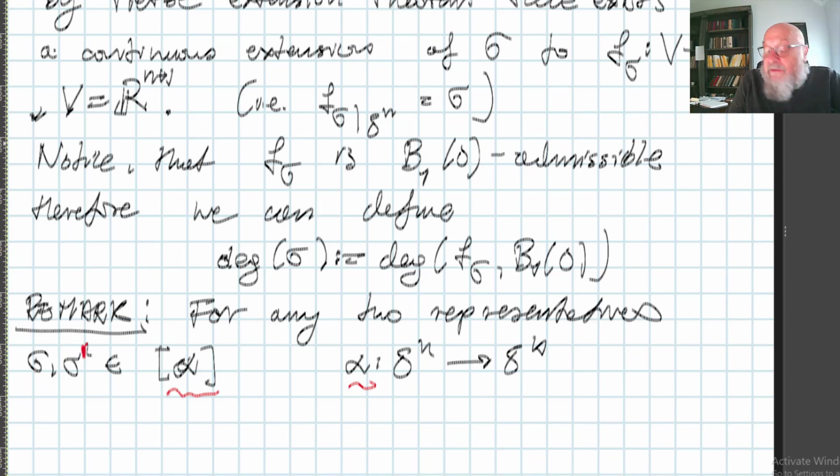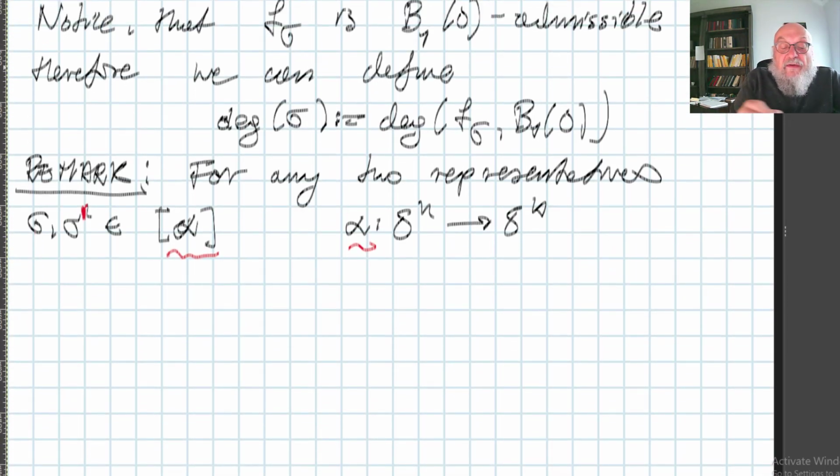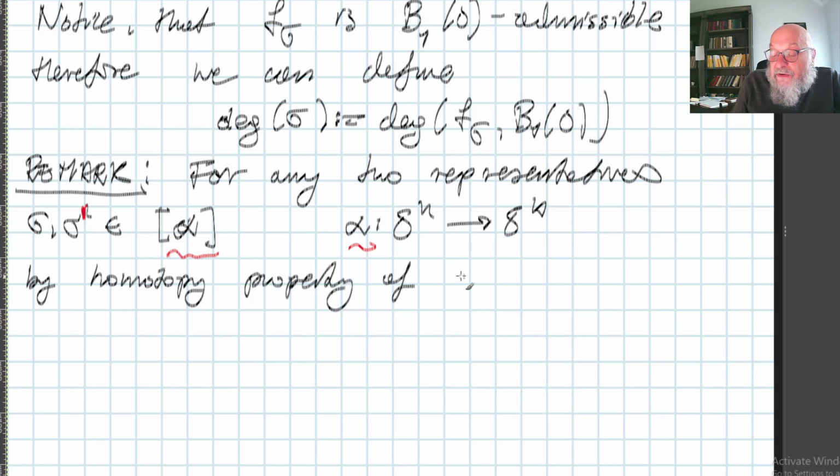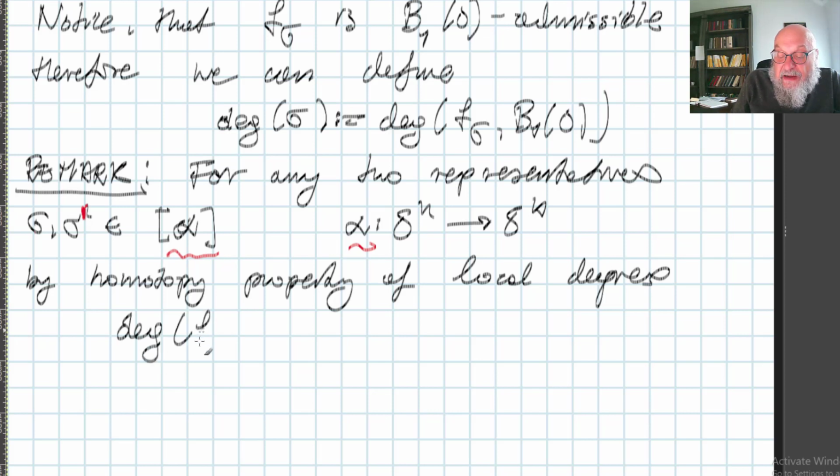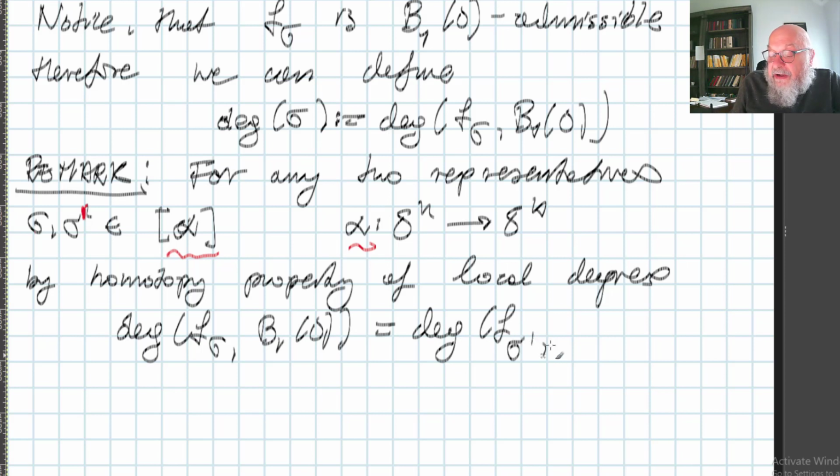So in this case, one can immediately notice that by homotopy property of degree, of local degree, we have here the degree of f sigma b1 0 is actually equal to the degree of f sigma prime of b1 0.